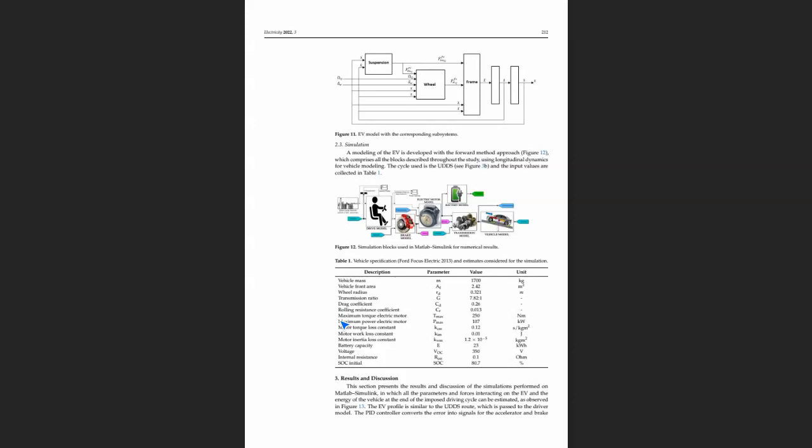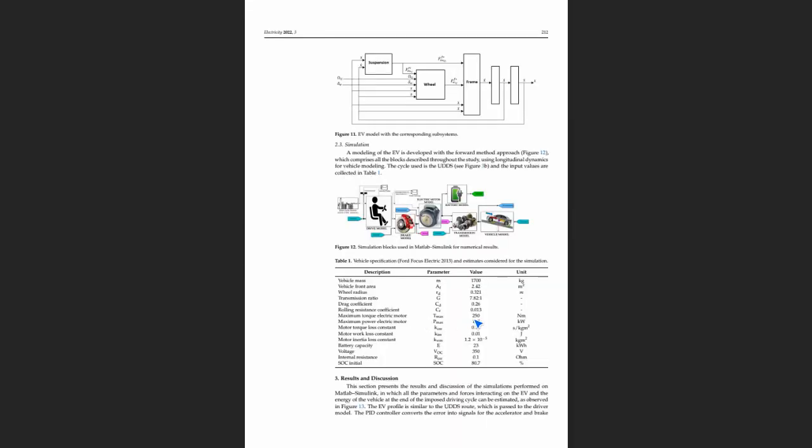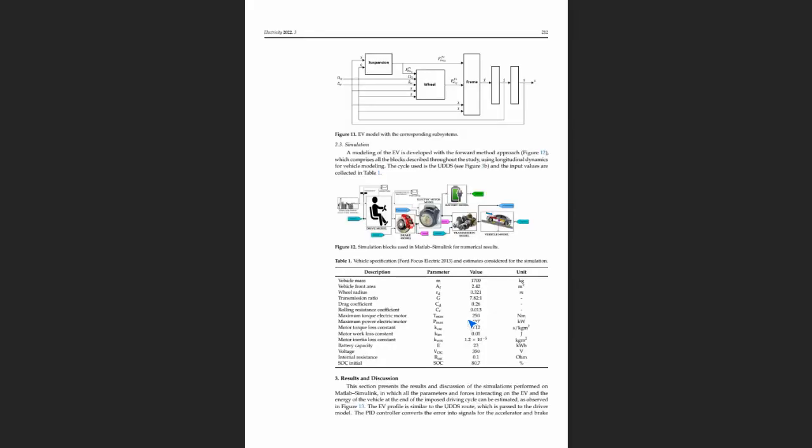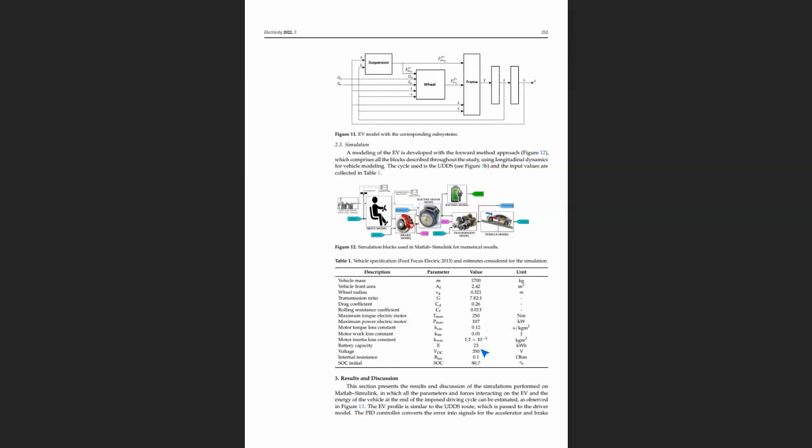After the calculation of vehicle torque demand using these parameters, the motor parameters are a critical issue. Maximum torque of the electric motor, their motor is 250 Newton meter. Maximum power of the electric motor 107 kilowatt. Loss constants, work loss constant, inertial loss constant, are not important for us now. Another critical issue, battery capacity.